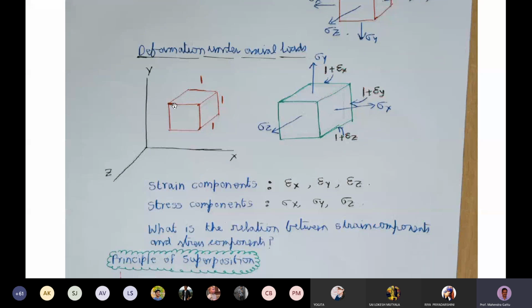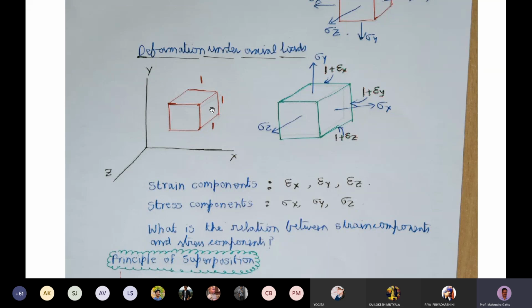So let's take this stress element with initial length 1, that is width along the z direction, the x direction, and the y direction. So all these are equal. So this is a cube with side length 1.